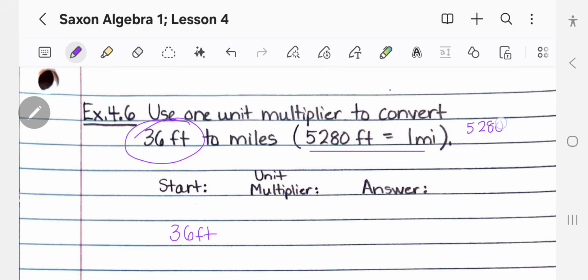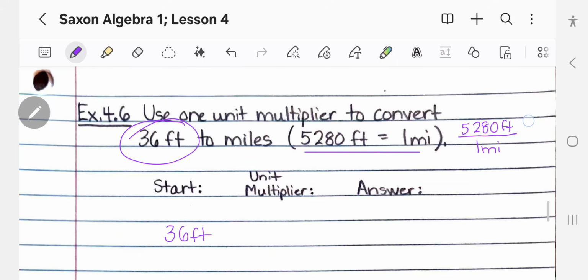You probably already know most of them. 5,280 feet equals 1 mile. Whoops, I think I started to write inch. 1 mile. Or you could say 1 mile is equal to 5,280 feet.